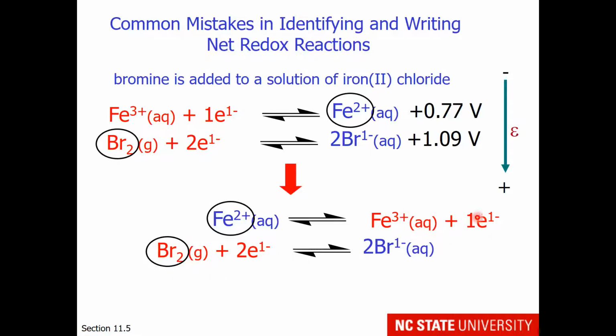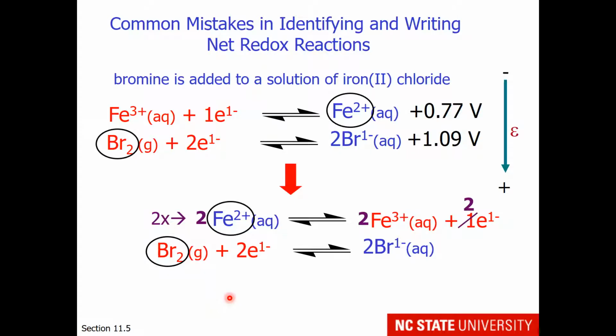This time we need to do a little bit of balancing. You notice how we have 2 electrons going in and only 1 electron coming out. This means we need to multiply every coefficient in the top reaction by 2. So I need 2 iron 2 pluses, 2 iron 3 pluses, and 2 electrons.